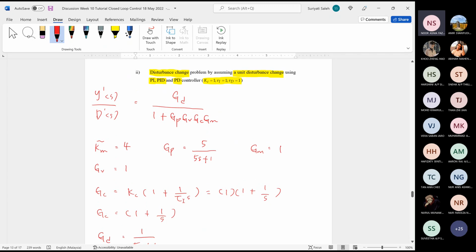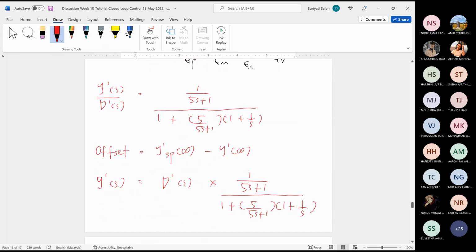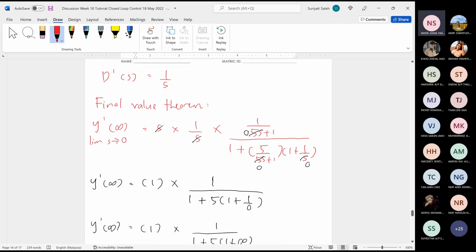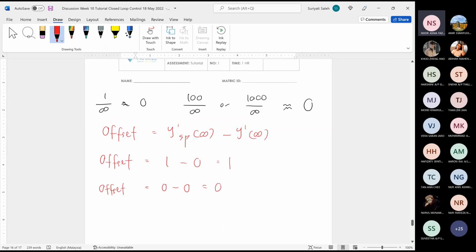The second question relates to the disturbance change problem. We use the disturbance change equation to calculate the offset, and we know that y prime infinity is 0. So the question is, what is the offset value for disturbance change?